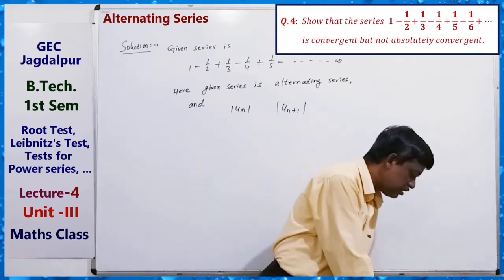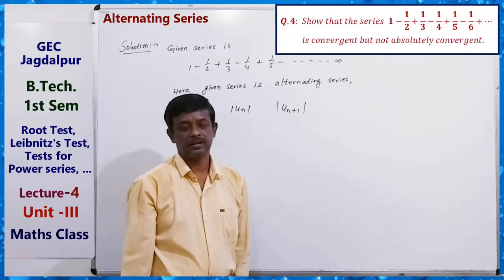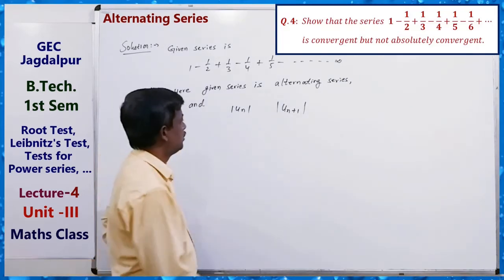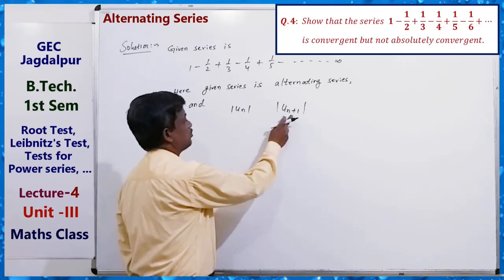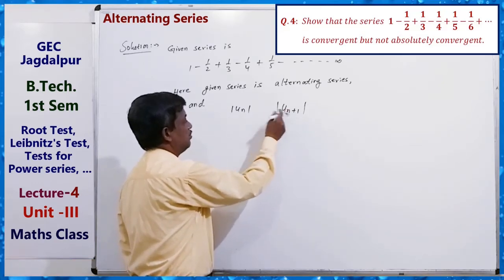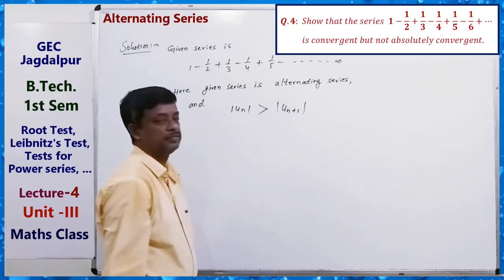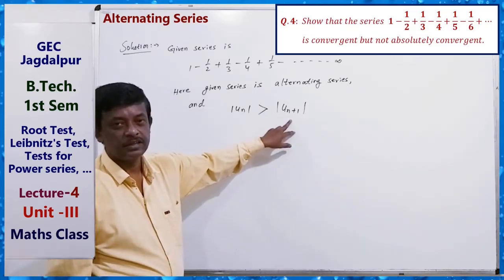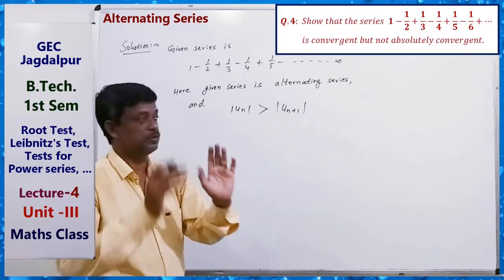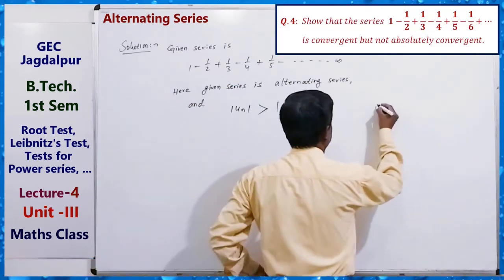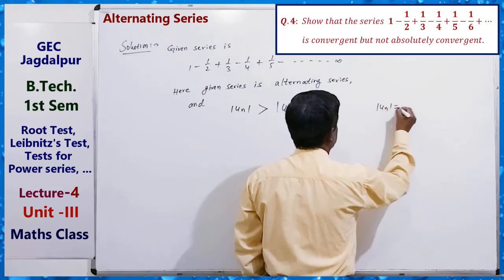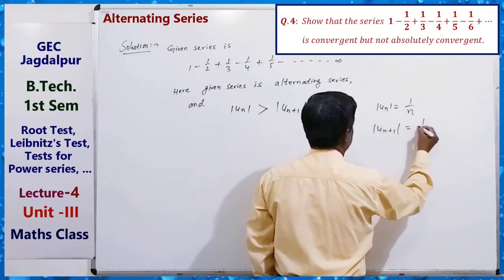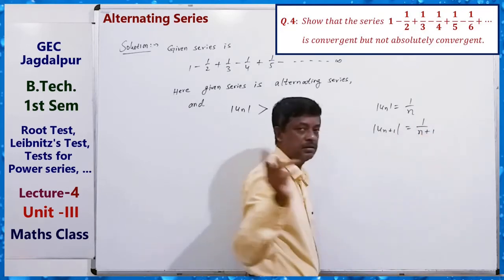Here mod of un is 1 by n, and mod of un plus 1 is 1 by n plus 1, taking the positive sign.